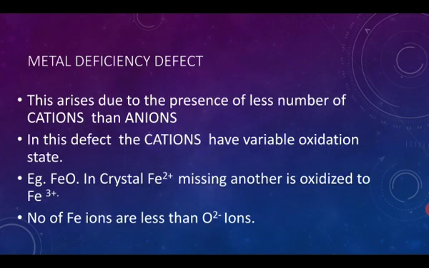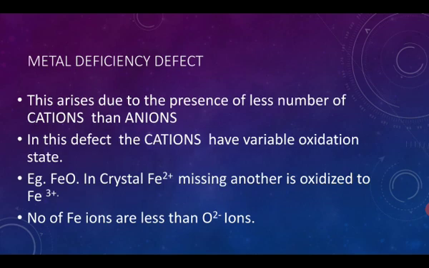And the next type is metal deficiency defect. This defect arises due to the presence of less number of cations than anions. In this defect, the cations have variable oxidation state, for example FeO.